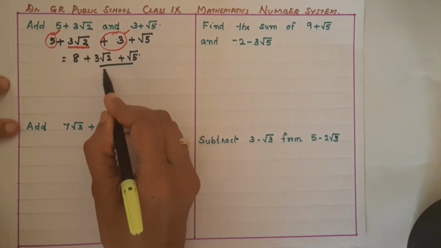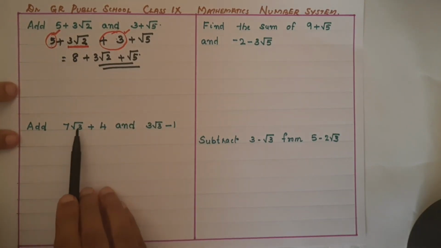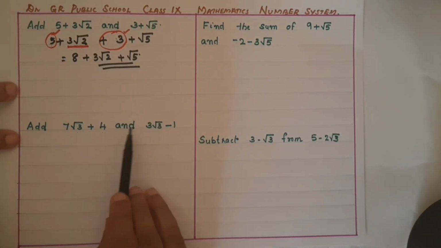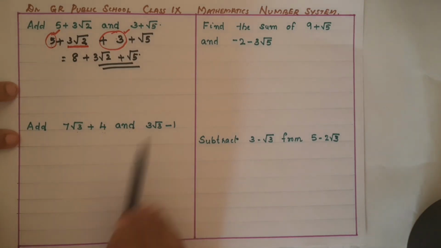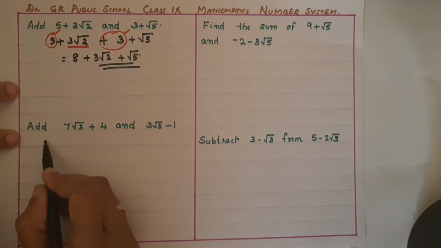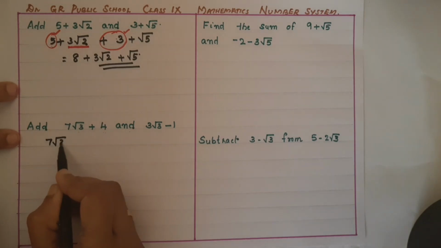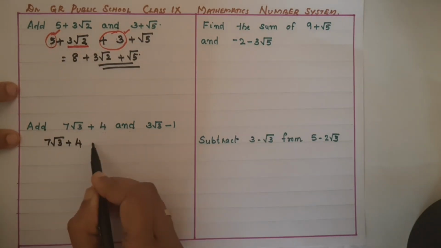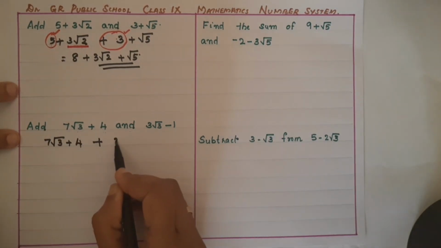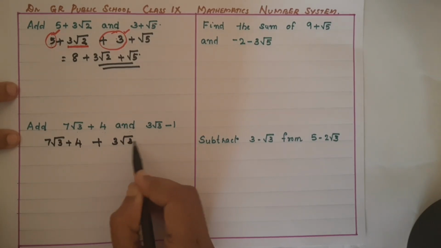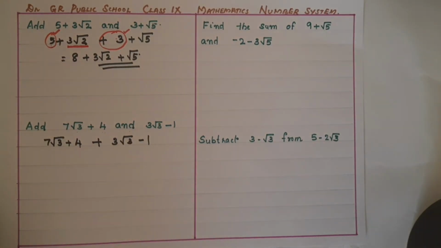Now come to the next question. Add 7 root 3 plus 4 and 3 root 3 minus 1. So how can we write? 7 root 3 plus 4 plus 3 root 3 minus 1. So what we can do? We can add rational part separately and irrational part separately.